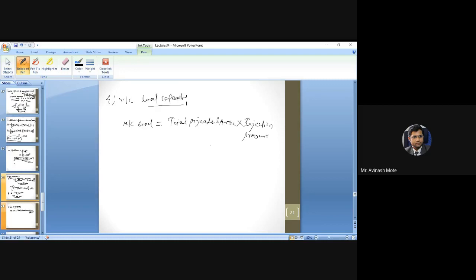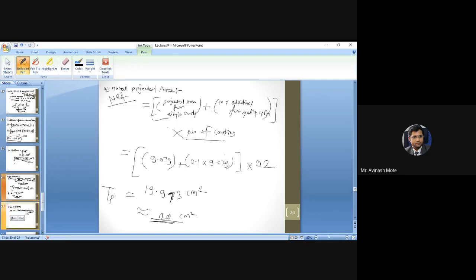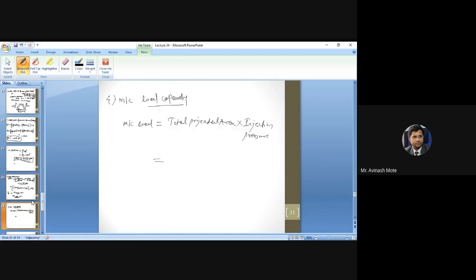In the previous part we calculated the total projected area as 20 centimeter square. Injection pressure is 700 kg per centimeter square. So it will come out as 14,000 kg machine load.